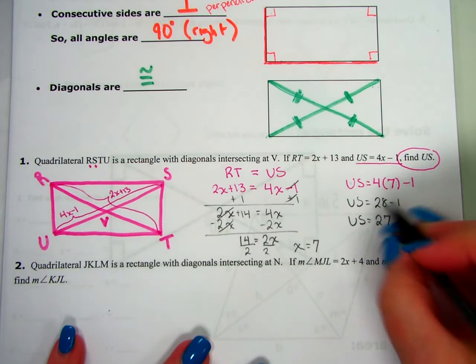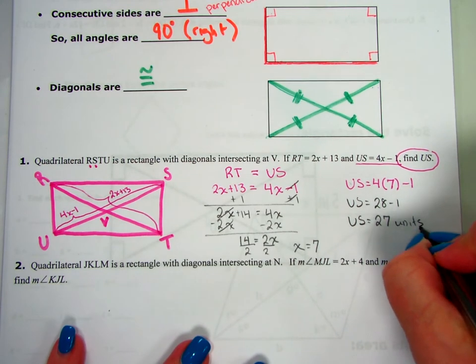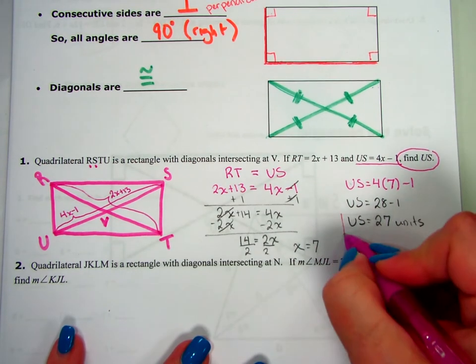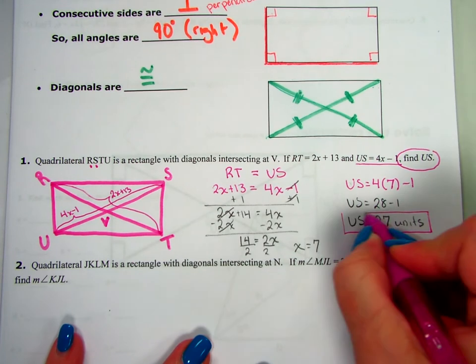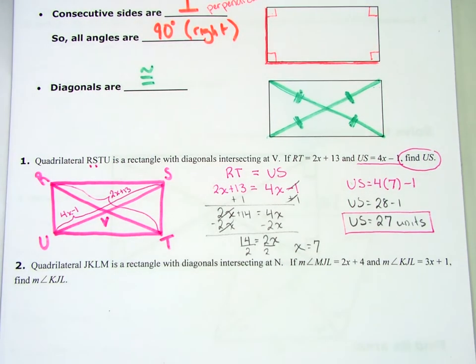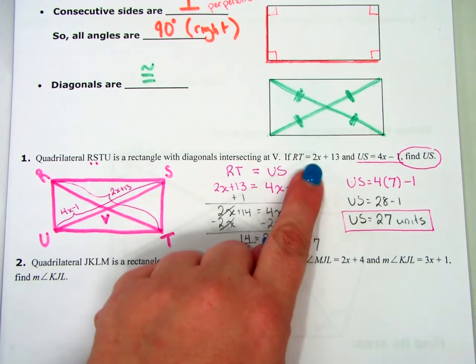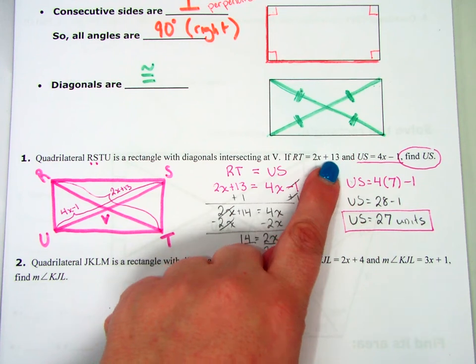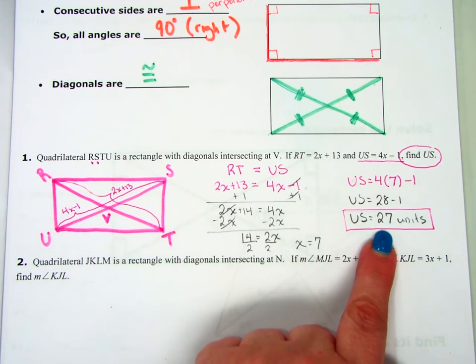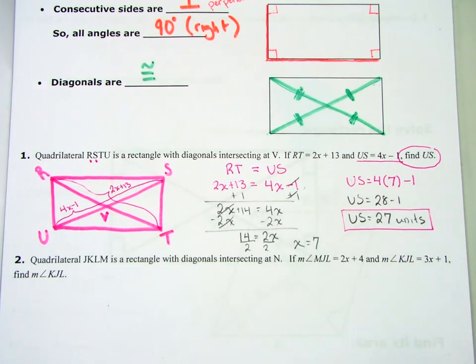And we don't know what our units are, so we can just say units. 27 units. If you want to check your work, you can plug it in here also. 2 times 7 is 14, and 14 plus 13 is also 27, right? Because those two diagonals should be equal to each other. So you can check your work that way.